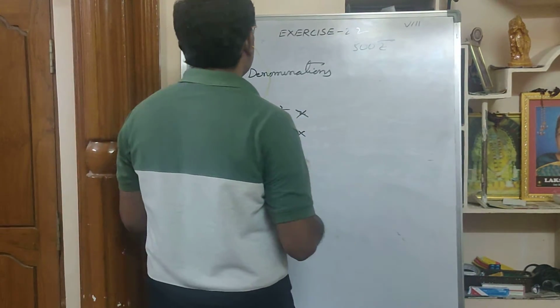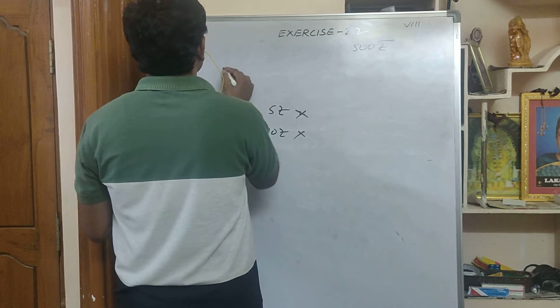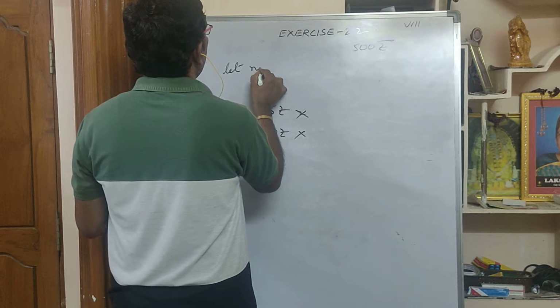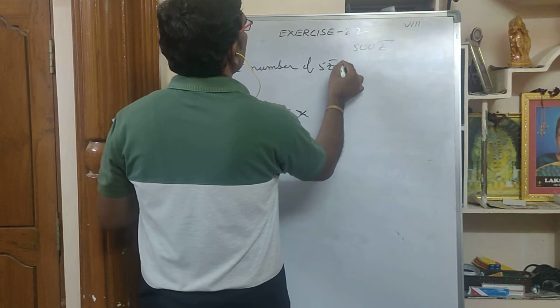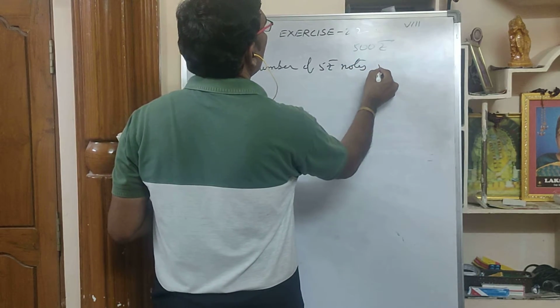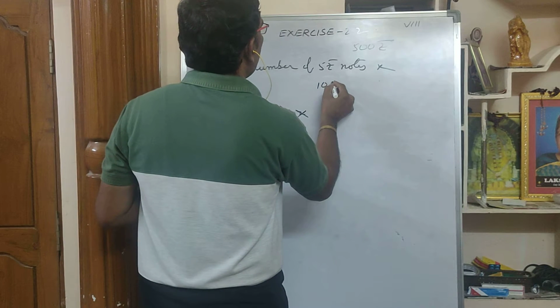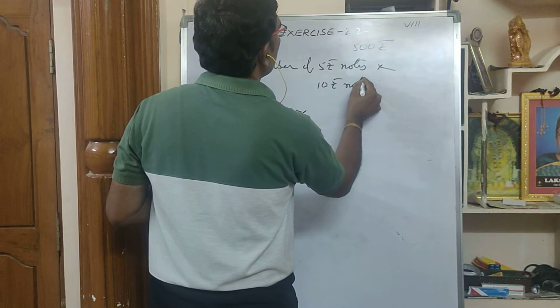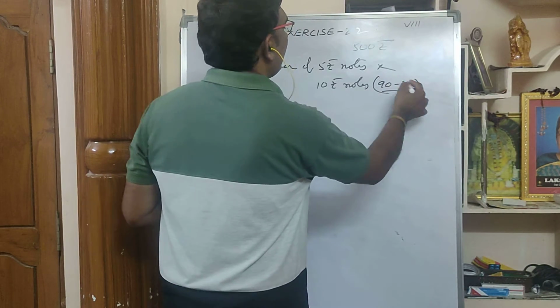So what you have to do is, let the number of 5 rupee notes, we don't know, so assume as X. Then 10 rupee notes becomes 90 minus X. Why have I written 90 minus X?